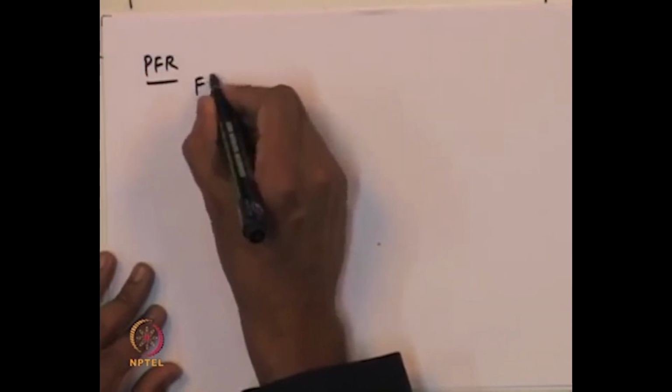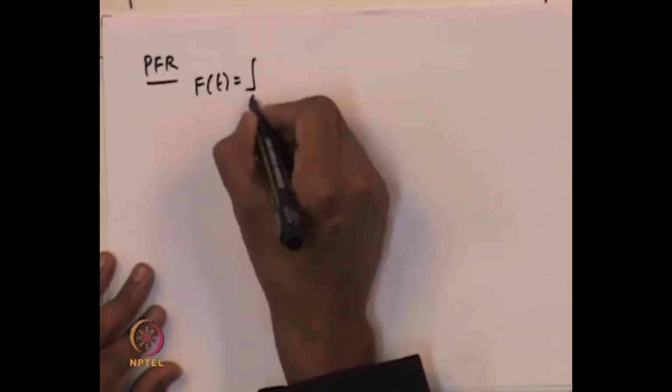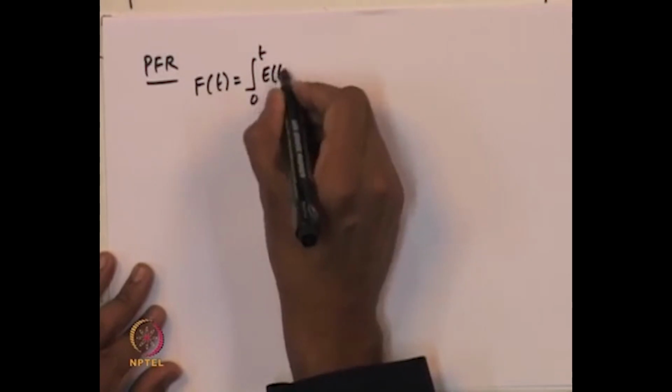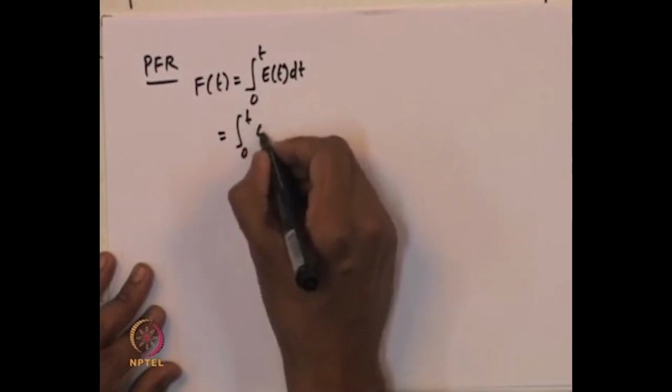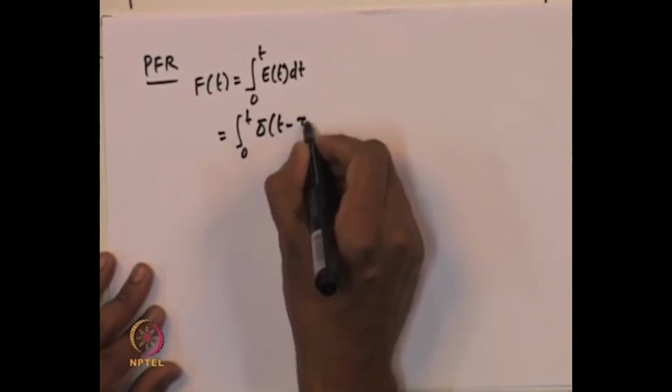So, let us look at the F curve for the plug flow reactor. For a plug flow reactor, the F curve, F of t, is essentially given by the integral 0 to t of E of t dt, that is by definition, and so that is equal to the integral 0 to t of delta of t minus tau dt.